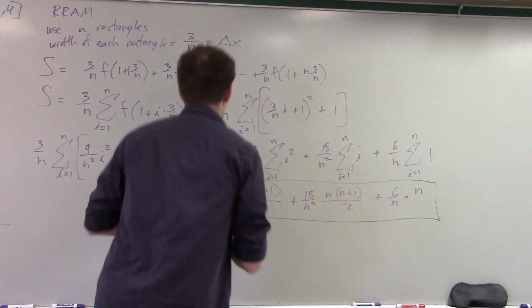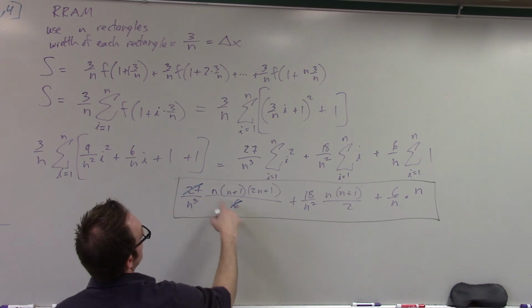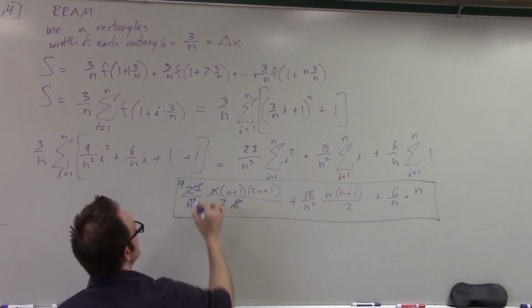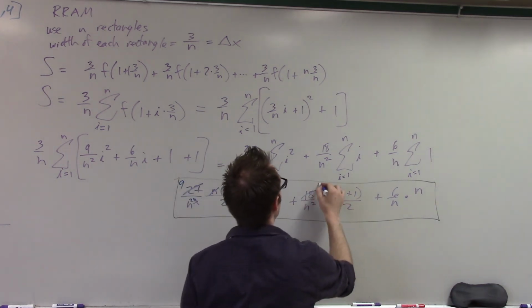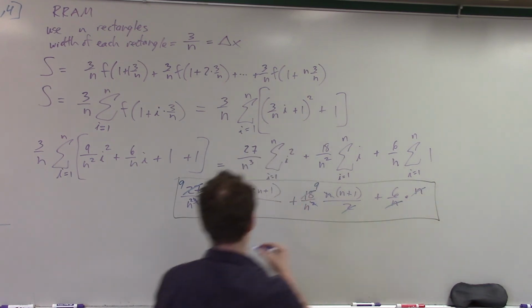Okay, and can I fix some of these? The bell's about to ring. But I can do lots of cancellations, right? This 6 becomes a 2, this becomes a 9, this n cancels and I get n squared here. This, one more minute, this becomes a 9, one of these n's cancels, and these n's cancel.